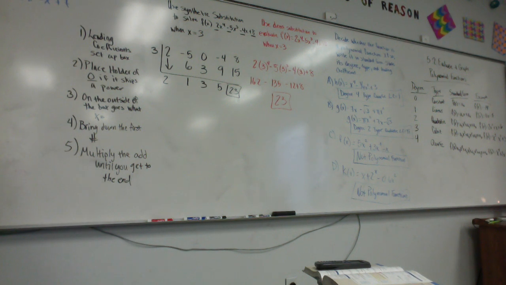How would I set this up? You would take the leading coefficients inside the box. So it'd be 5, 3, 0, negative 1, good, and 7. And then what goes out here?